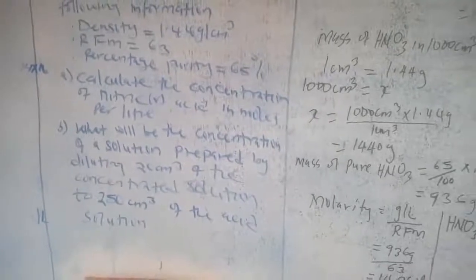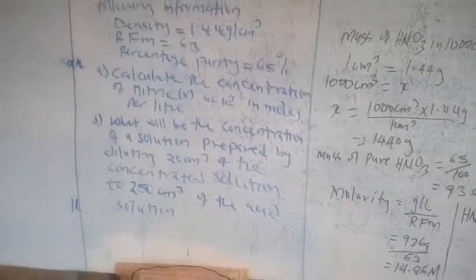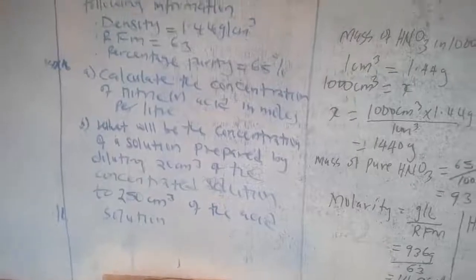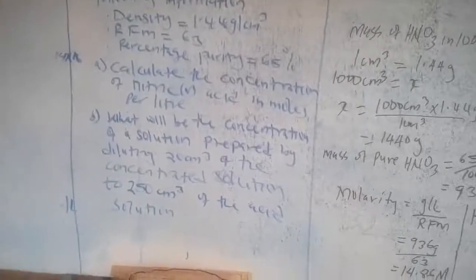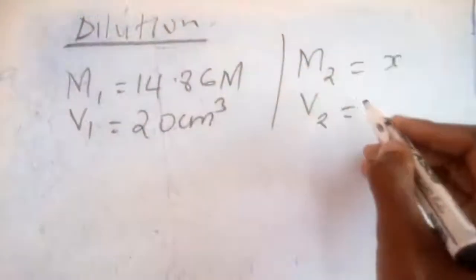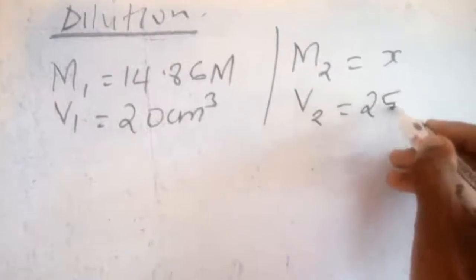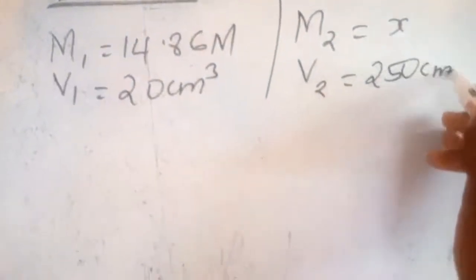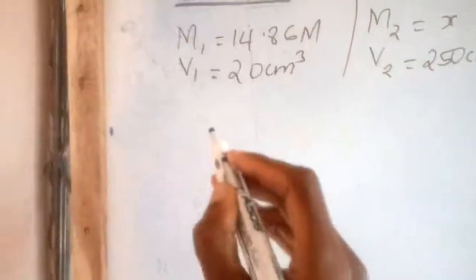Therefore, you add distilled water to the original 20 cubic centimeters of concentrated acid, and you top it up with water up to 250 cubic centimeters of the solution, and therefore volume 2 becomes 250 cubic centimeters.